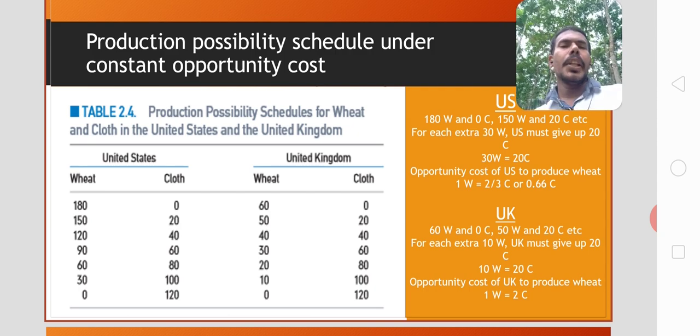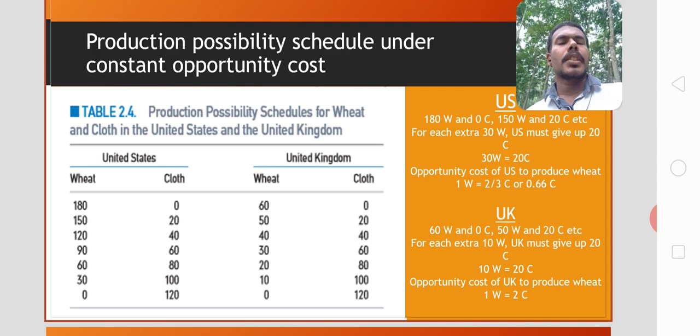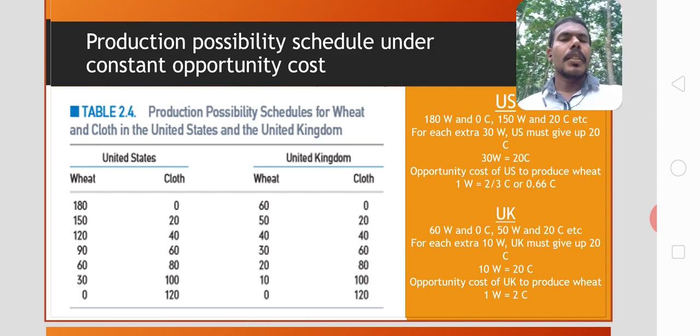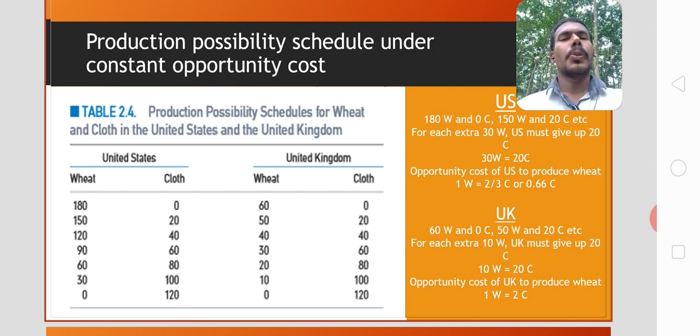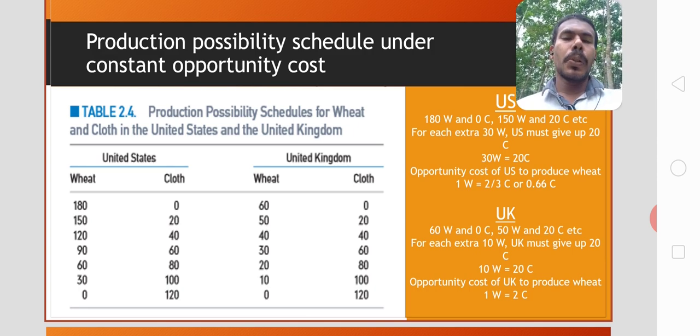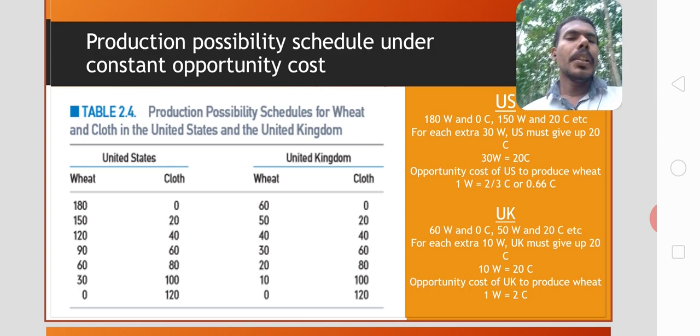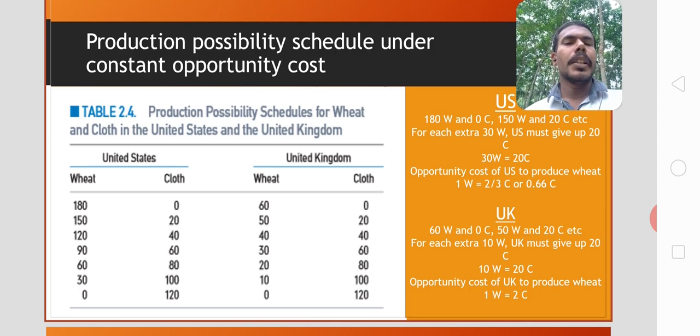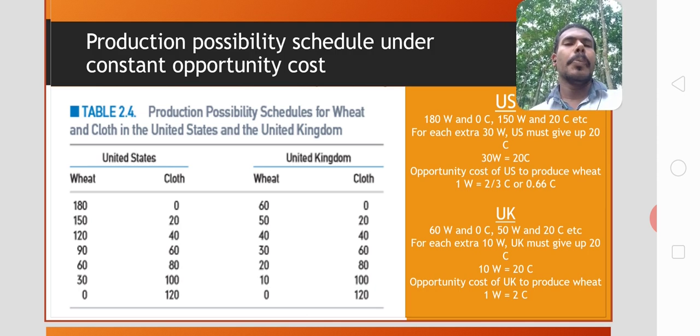But when the United States starts producing wheat, then 30 units of wheat are produced. So in order to produce 30 units of wheat, 20 units of cloth must be given up by the United States. It must be abandoned.